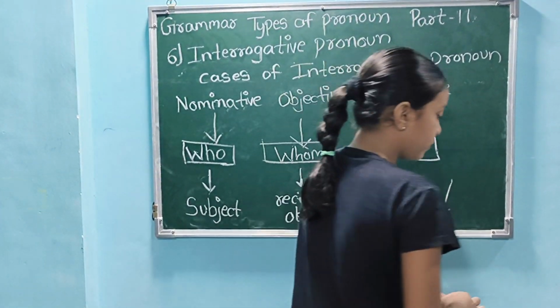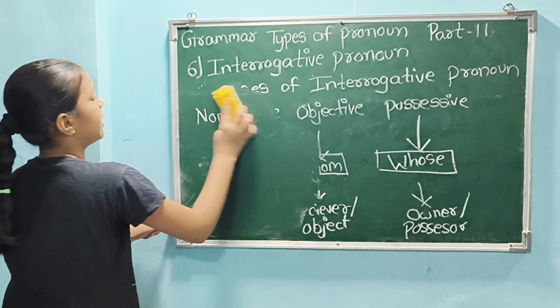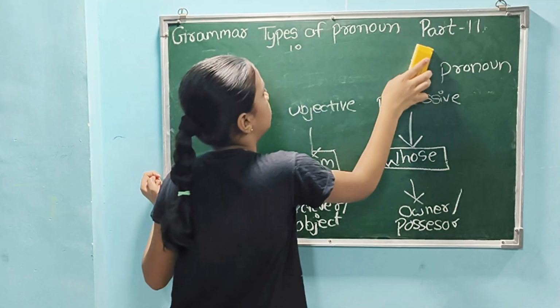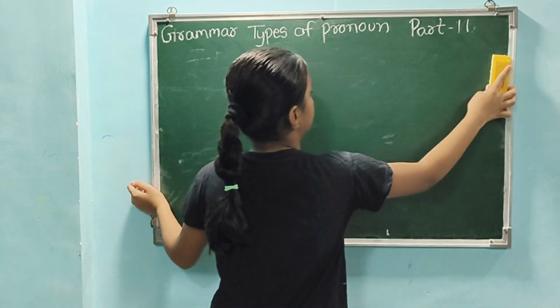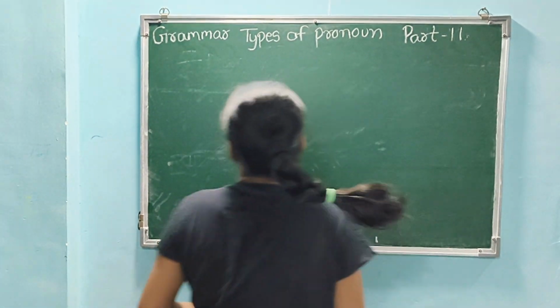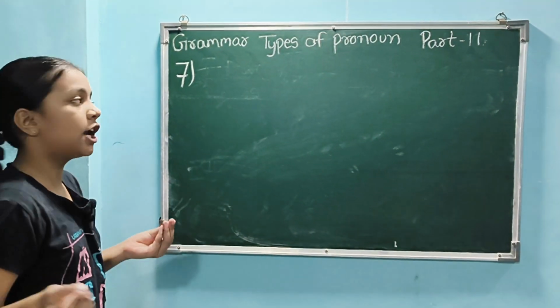So let's move towards our next type of pronoun and that is the exclamatory pronoun. So our seventh type of pronoun is exclamatory pronoun.